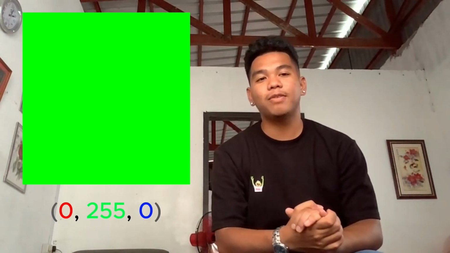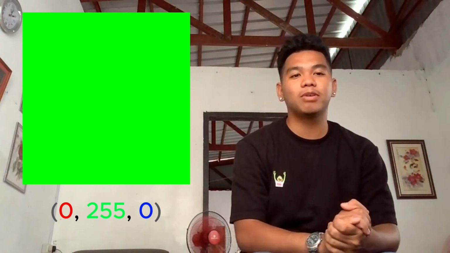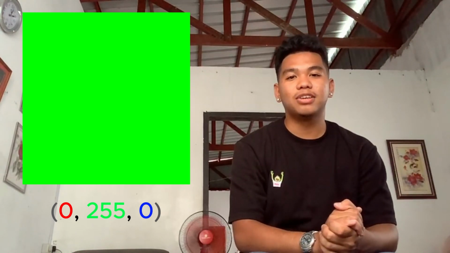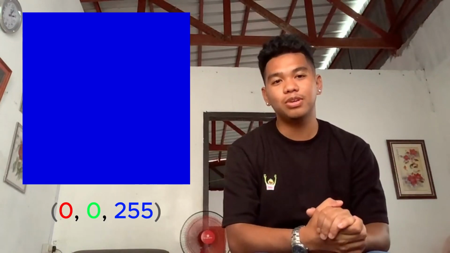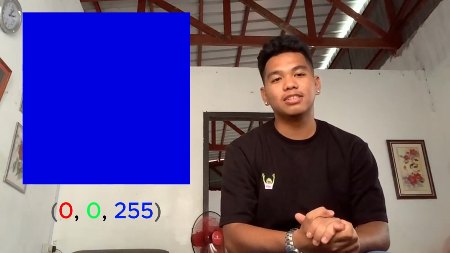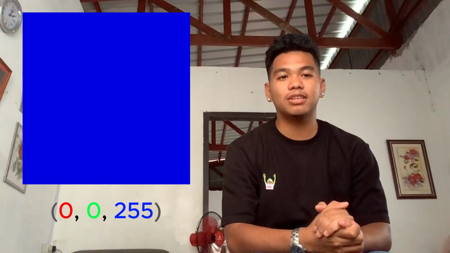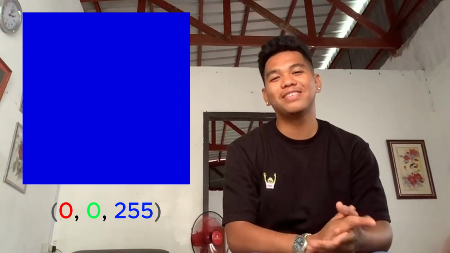The second pixel is pure green: 0 for red, 255 for green, and 0 for blue. The third pixel is pure blue: 0 for red, 0 for green, and 255 for blue. And the fourth pixel is a shade of gray: 228 for red, green, and blue.